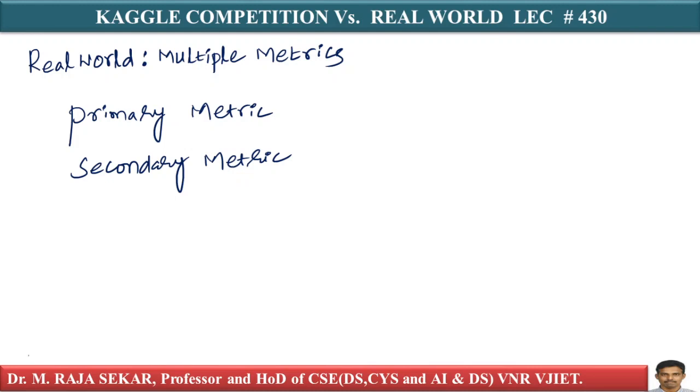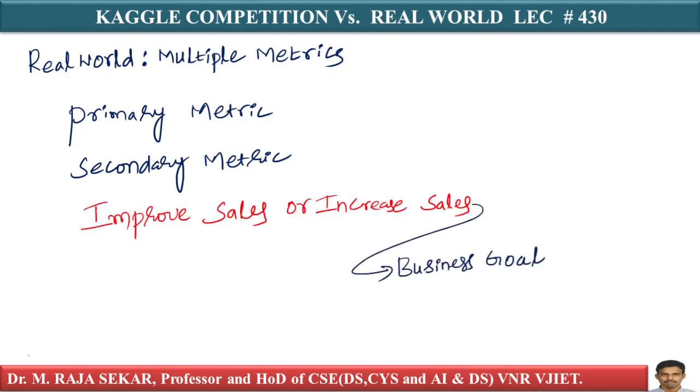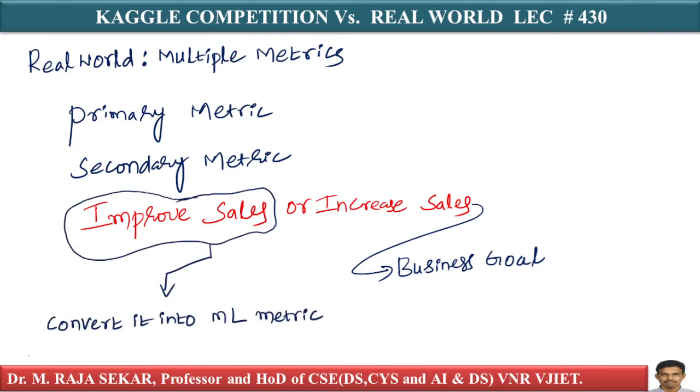The second aspect is, if you are building a system for Amazon, your job might be to improve or increase sales. This is a business goal, isn't it? The challenge here is how to take this goal of improving sales and convert it into a machine learning metric, because machine learning algorithms can't simply improve sales.